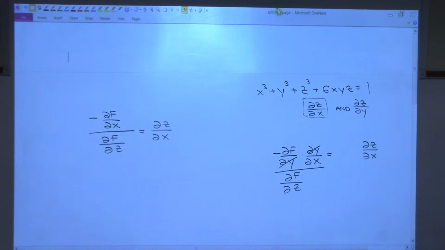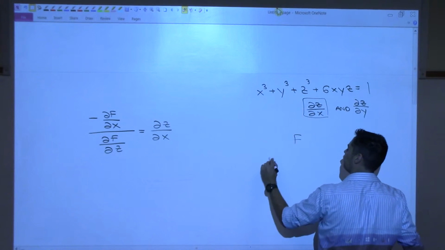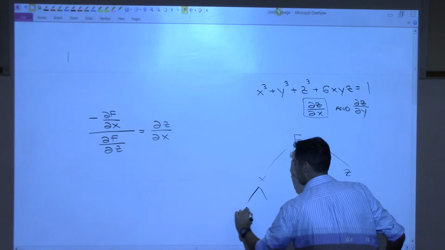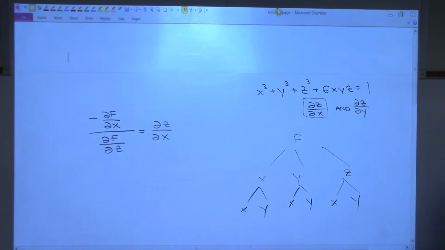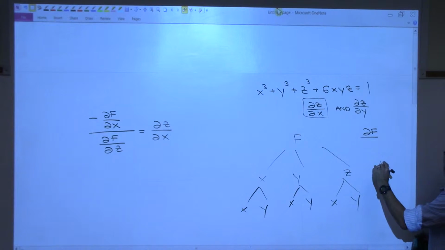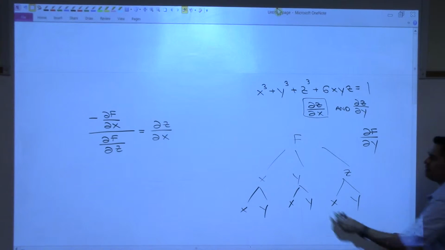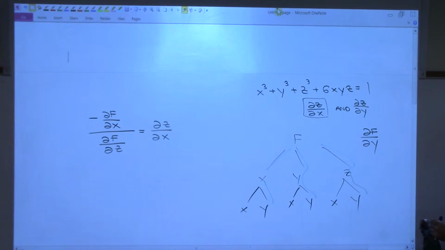Now, I'd like for us to go back to the tree that we just had, and let's talk about that other derivative that we could have found. You remember the tree? It was f, x, y, z. We had done a formula for partial f with respect to x just now. We could go with respect to y now.